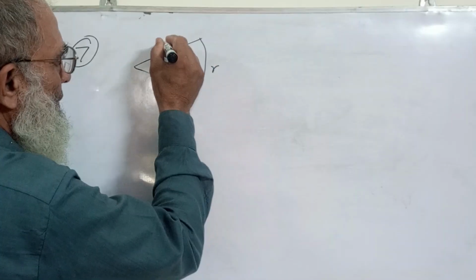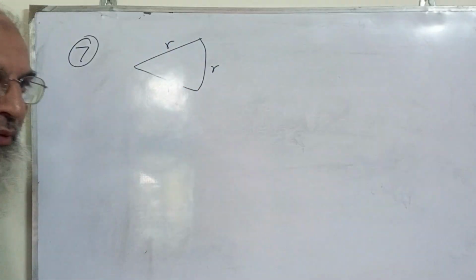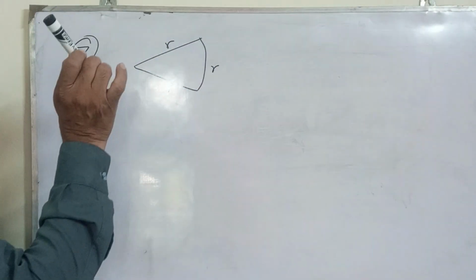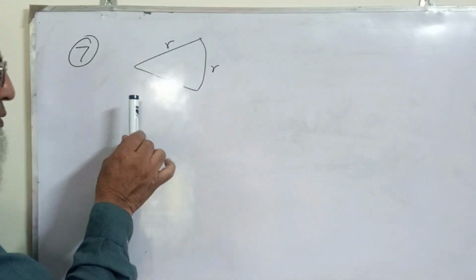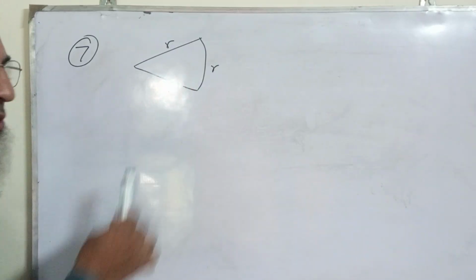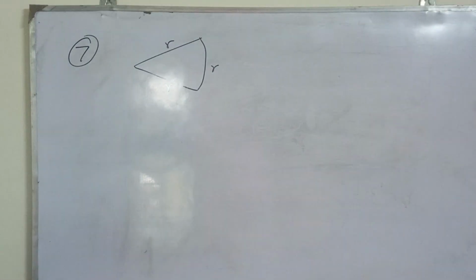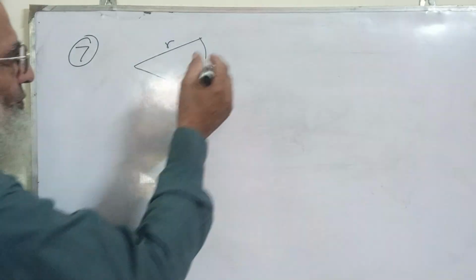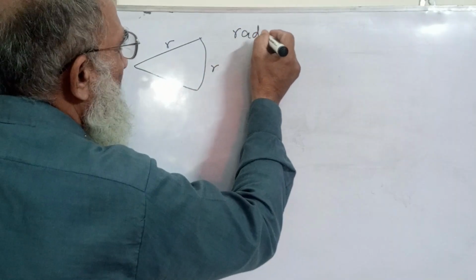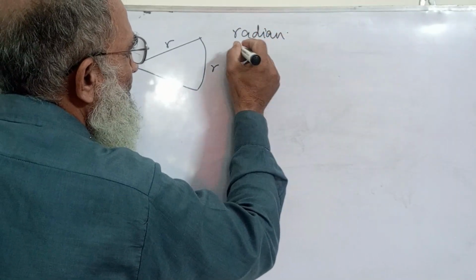So this is r, and this is r. When this sort of thing appears, when the radius is equal to the arc length, radians come in. What are radians?